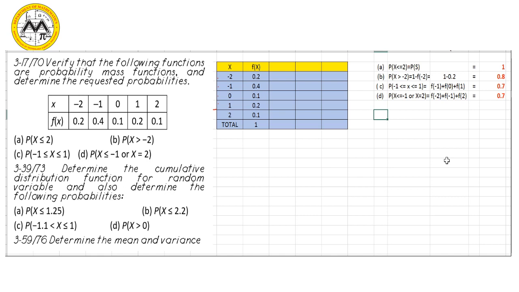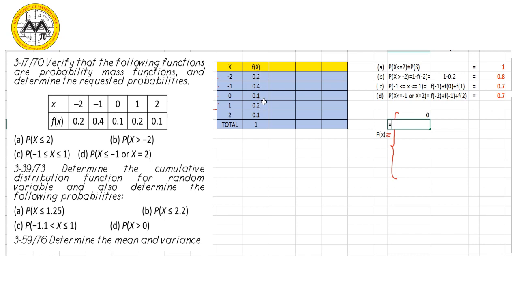Now, let's have the cumulative distribution function. For capital F of x, it should always start with 0, and then we're going to add the probabilities until we reach 1.